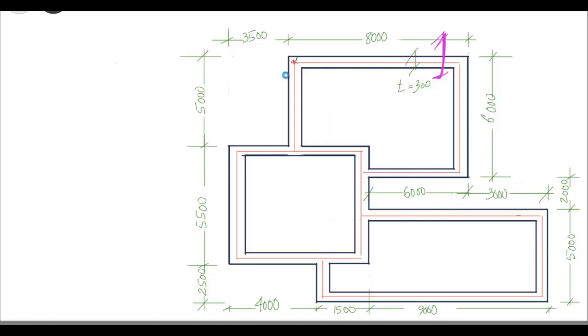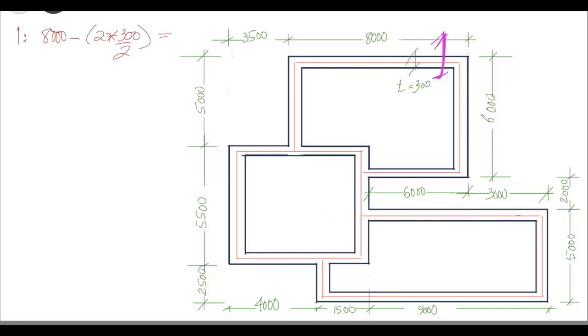All I need to do is subtract the half thickness of the wall, from here to here, which is half of 300, and this distance is also half of 300. So the first piece is 8,000 minus 2 times 300 divided by 2, because 300 is the thickness of the wall, is equal to.